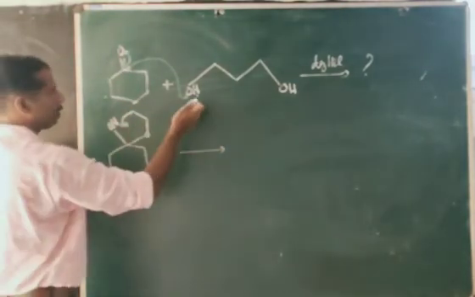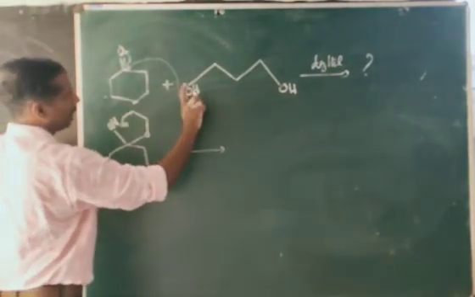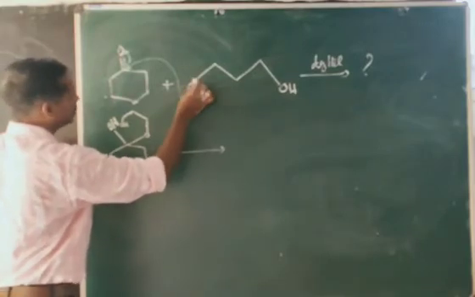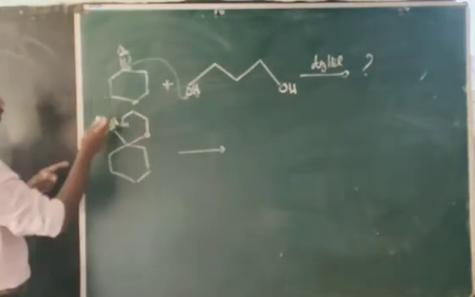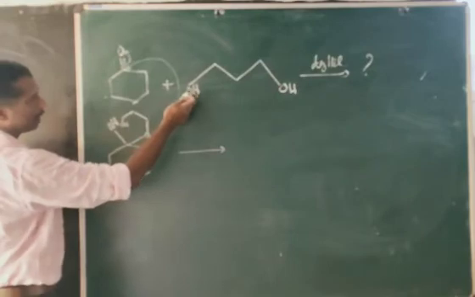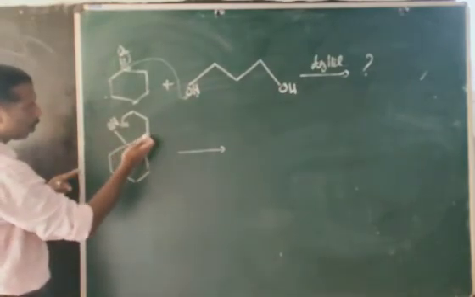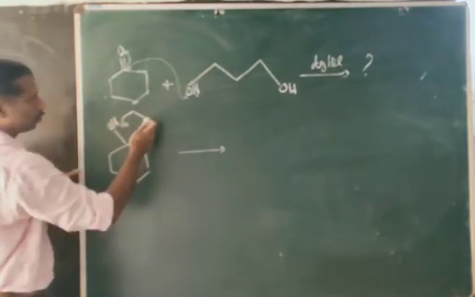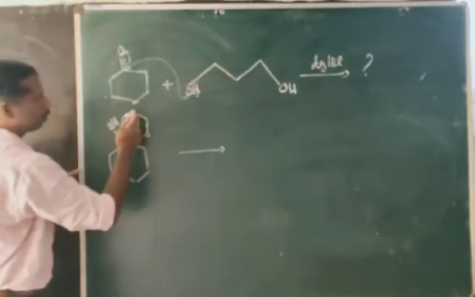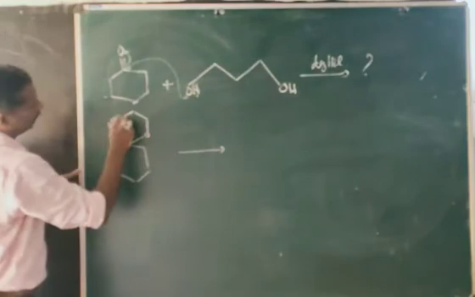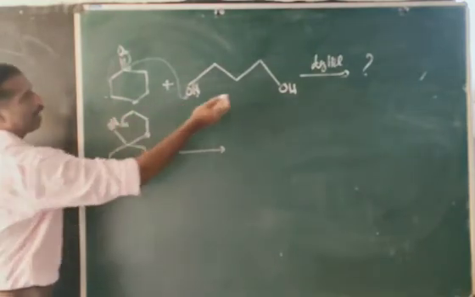Now you can see what happens in the next step. This is the first step. This H plus is coming to this O, that is OH. The other part, this O minus, is attaching to this carbon. So O, then CH2, CH2, CH2 and OH.